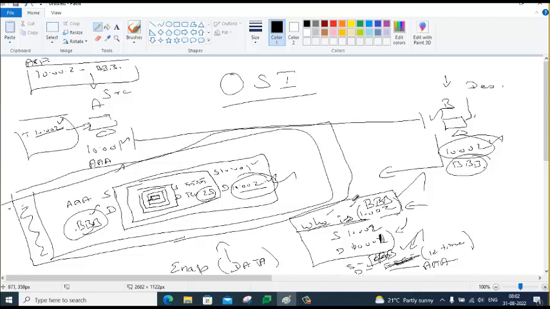So if you see, it's a TCP application that uses the TCP protocol, they do a three-way handshake. Now, I did not mention those things because I do not want to make it complicated.